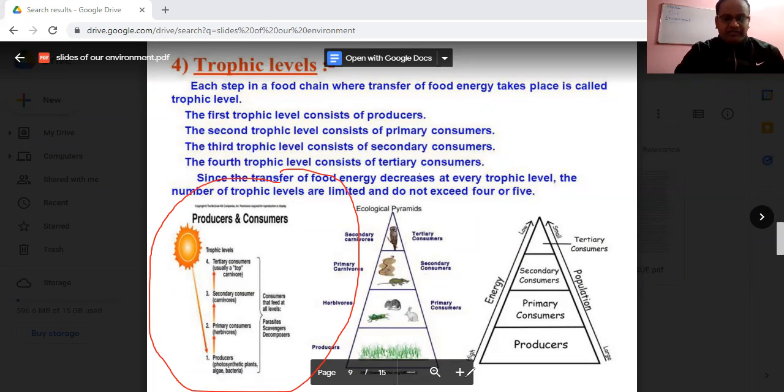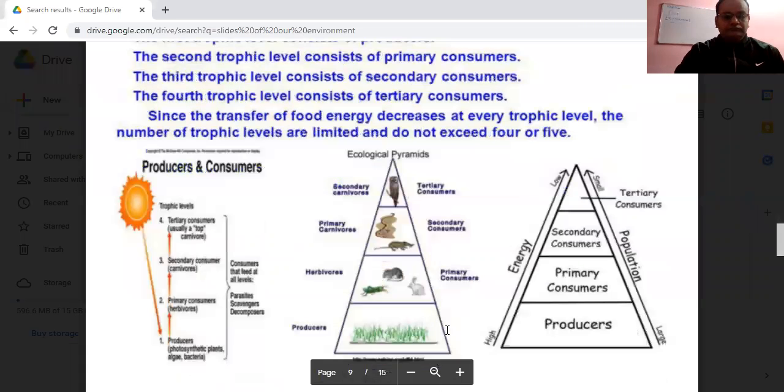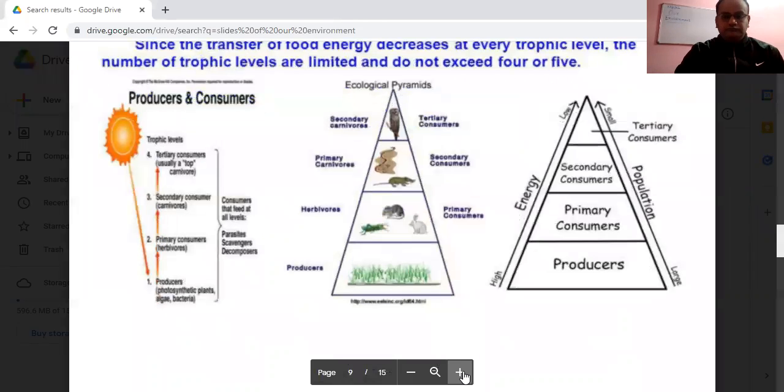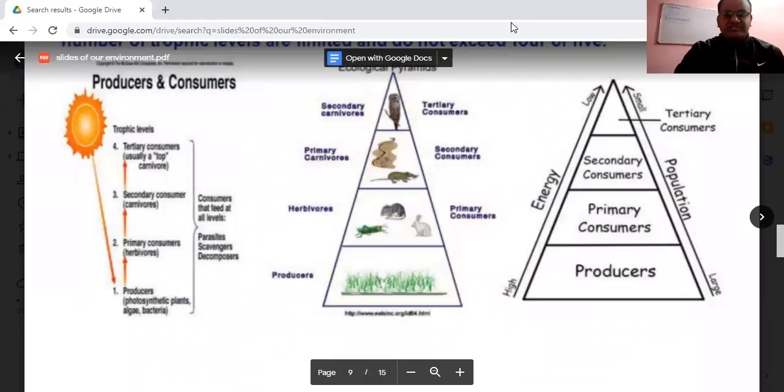So what is done over here? Just let me enlarge the figure. Yes. Now here, in this first image which you are observing, there are producers and consumers.